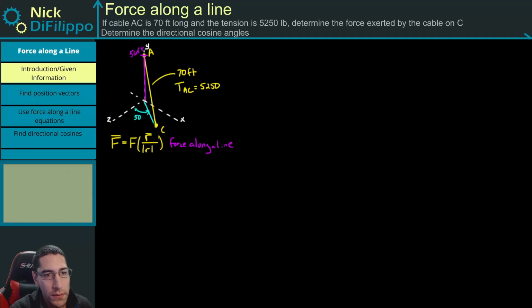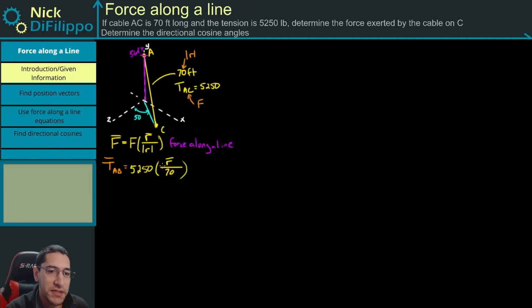So we know that this right here is the magnitude of r. This right here is my force. So I can say that TAC, this vector, is going to be equal to this force, 5,250 times whatever this position vector is, we haven't found that yet, divided by 70.